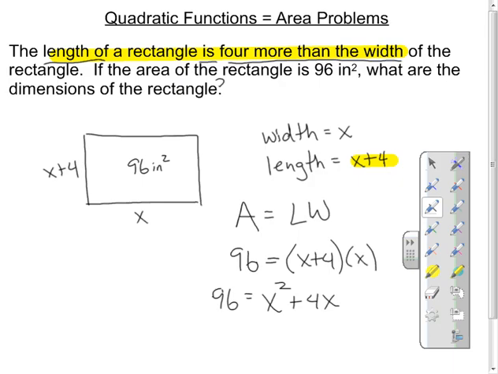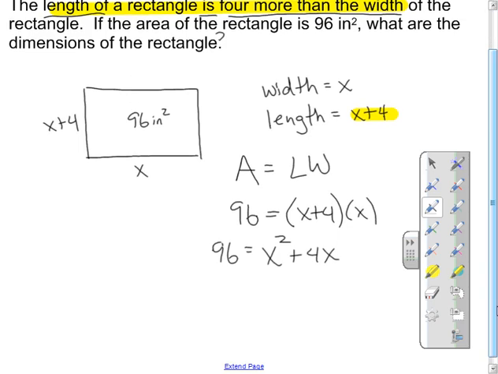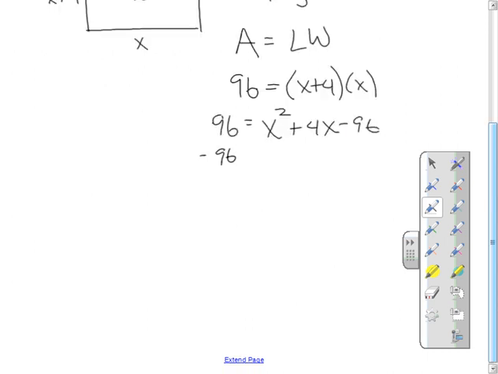So is it factored form? Well, it's not. Is it general form? It would be general form if we just set it equal to 0 by subtracting 96, creating an equation that looks like 0 equals x squared plus 4x minus 96.